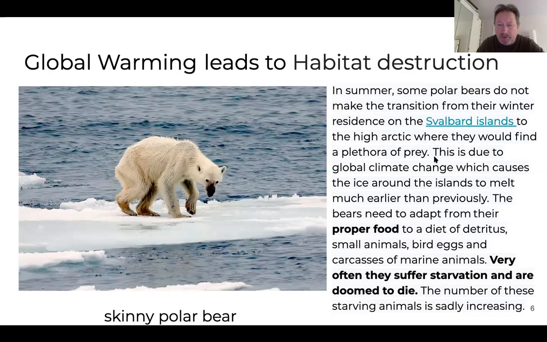This is due to global climate change, which causes the ice around the islands to melt much earlier than previously. The bears need to adapt from their proper food to a diet of detritus, small animals, bird eggs, and carcasses of marine animals. Very often they suffer starvation, and this is an example, and are doomed to die. The number of these starving animals is sadly increasing. That means the overall number is decreasing.